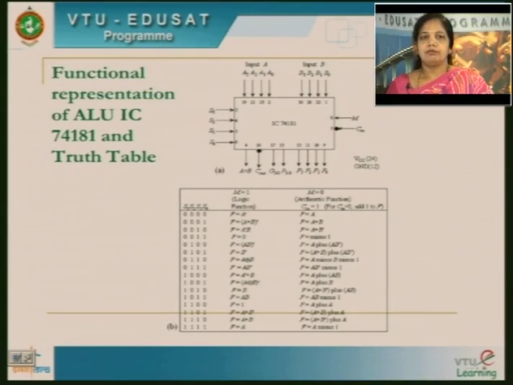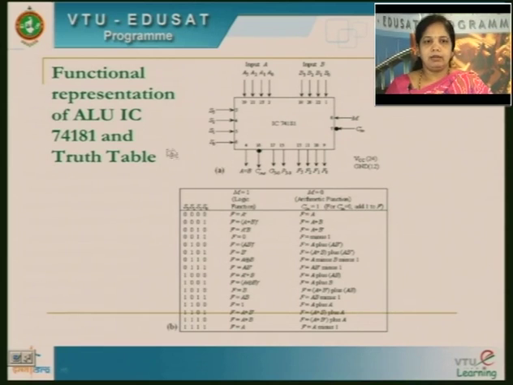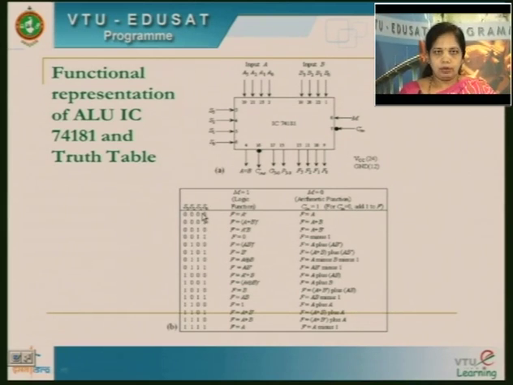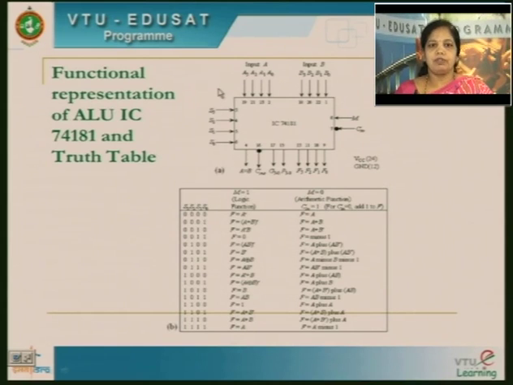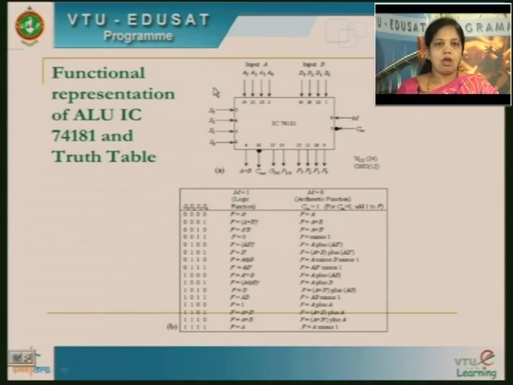We have this IC 74181 with a set of selection inputs, a set of inputs as I discussed, a mode control, the outputs F3 to F0, and additional outputs to give the status of the addition or subtraction operation. Since I have 4 selection inputs, I can generate 16 combinations of the functions that can be performed here, either logic or arithmetic, as I discussed.